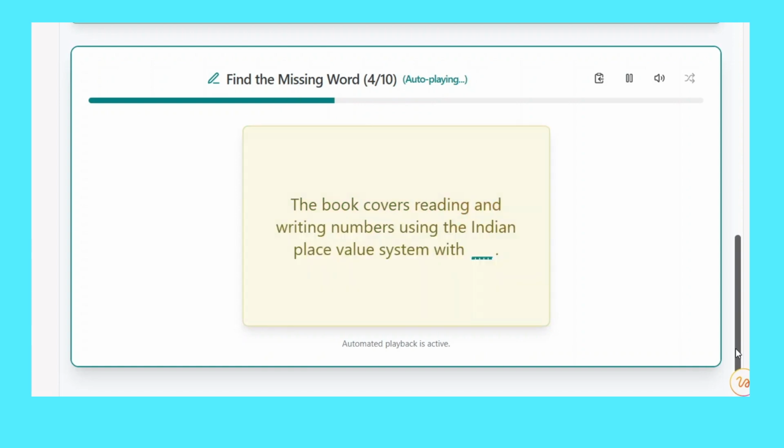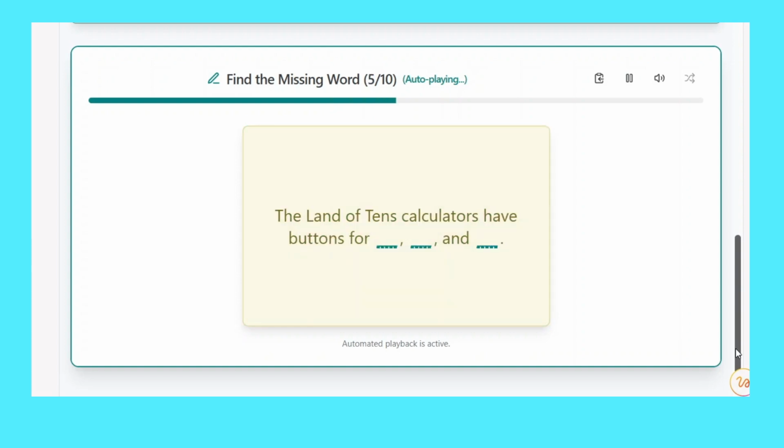The book covers reading and writing numbers using the Indian place value system with dash. Commas. The land of tens calculators have buttons for dash, dash, and dash. +1000, +10, +100.